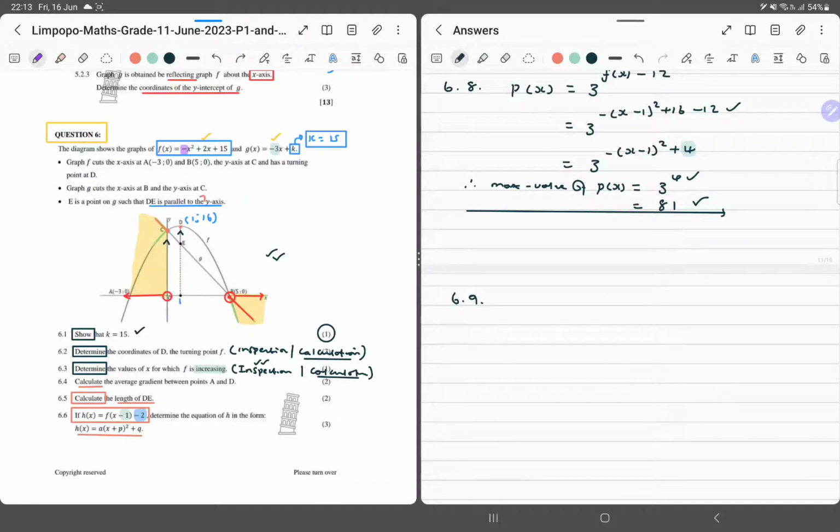Anyway, something strange happened here, guys, so forget it. Let me try again. Some stuff did its own thing here. Okay, there's our graph. Now we want to cut it.